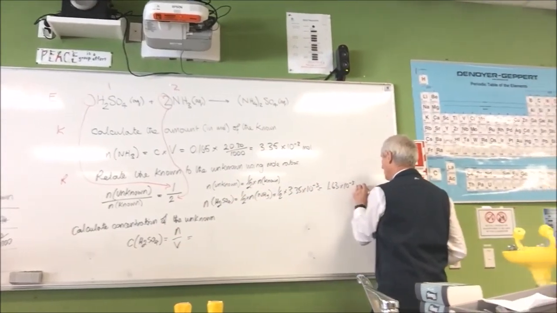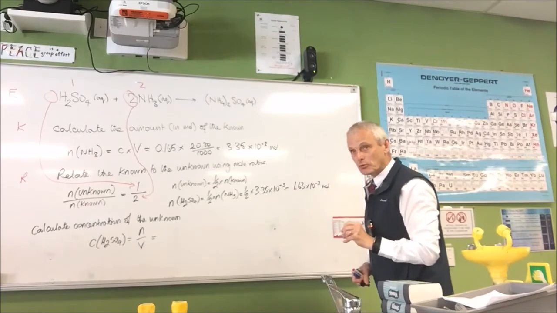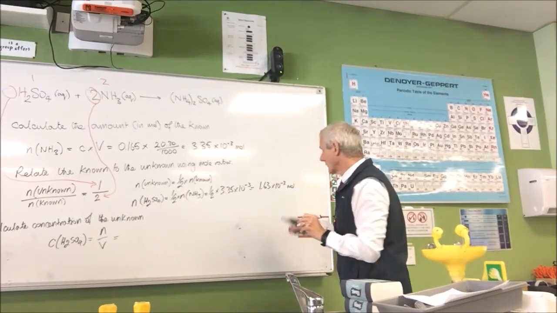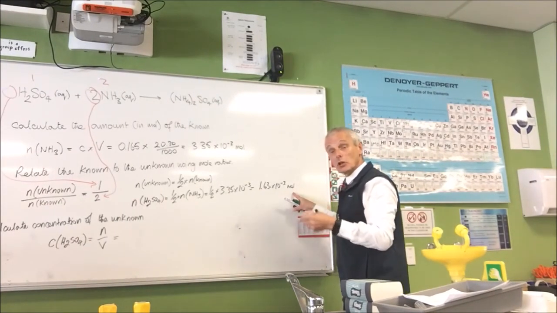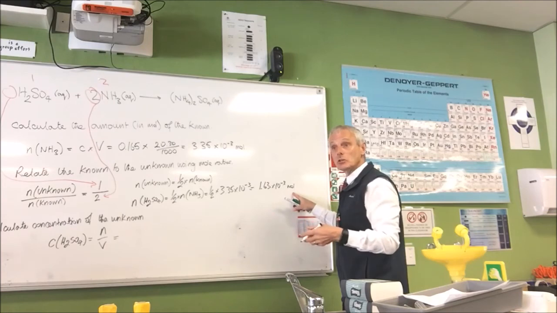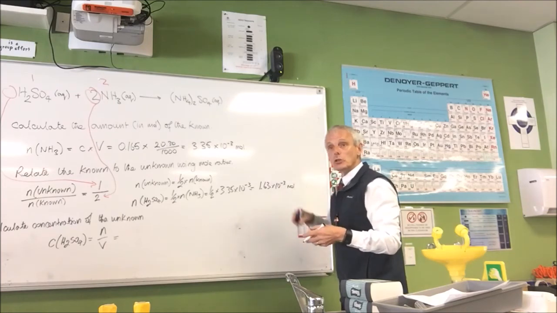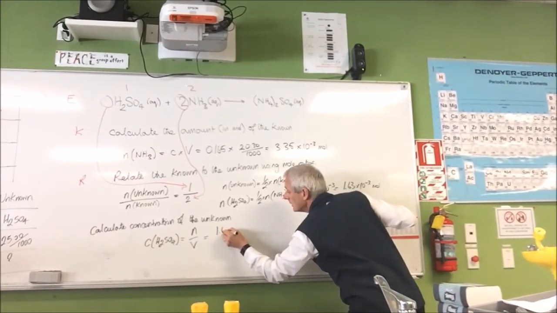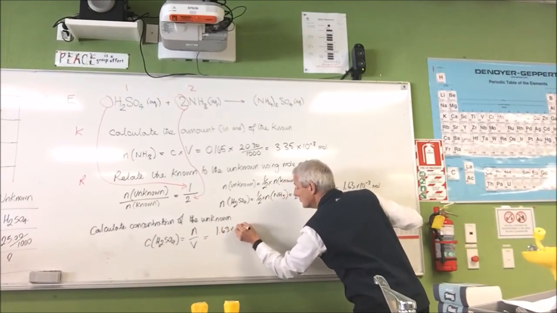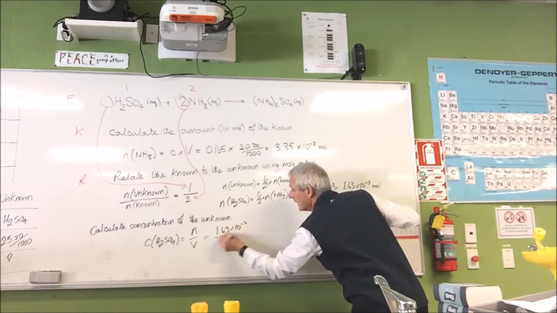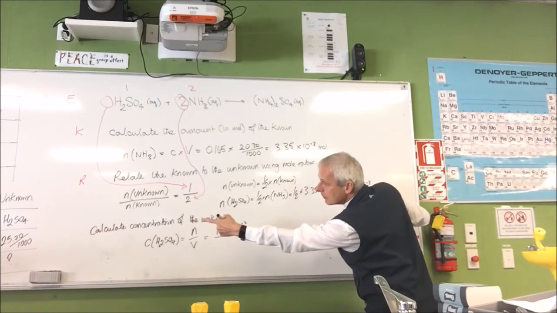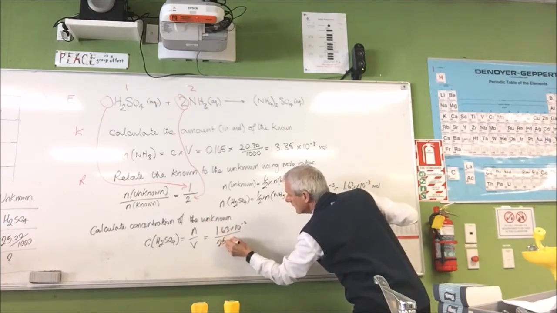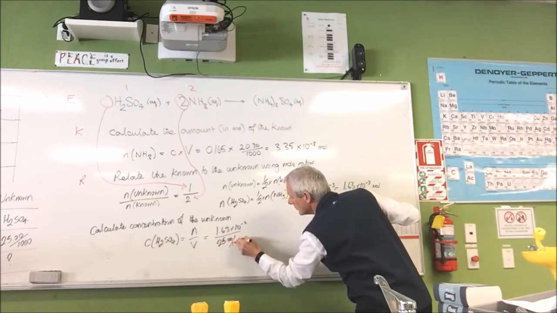And again, I've not put in units. You must put all units in. If you've left that off, if it was the only one you left off, it would have been a resubmission. But you want to make sure you're putting your units all the way along. Okay, so n is 1.63 times 10 to the minus 3, and v from our table is 25 over 1,000.